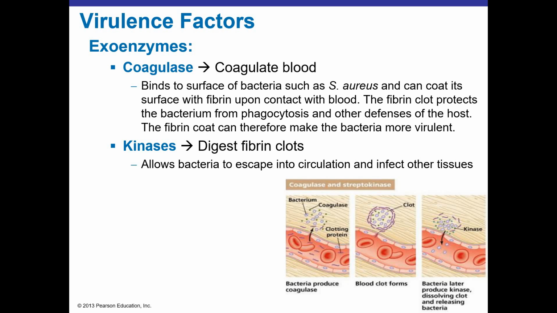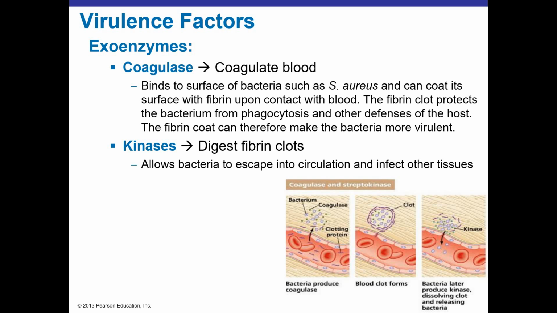With coagulase, it binds to the surface of the bacteria, an example being Staph aureus, where it coats the surface when it comes in contact with the blood. That fibrin clot then forms and it protects the bacterium from phagocytosis.